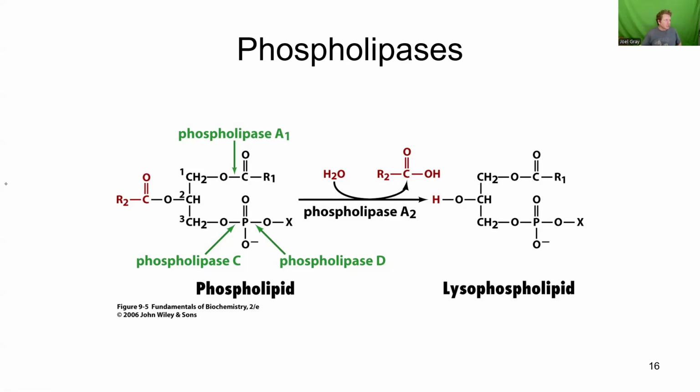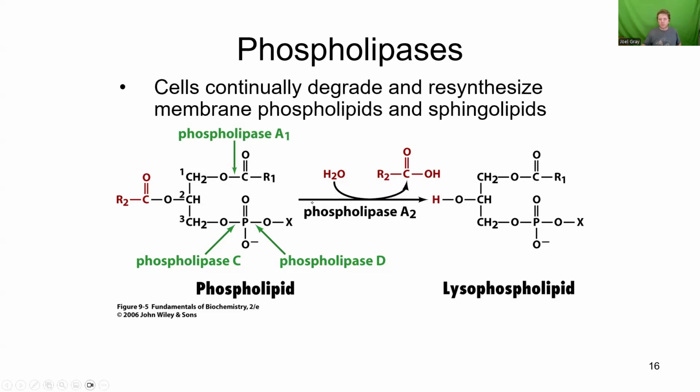In addition, cells are continuously degrading and resynthesizing membranes. So phospholipids and sphingolipids are both targets for this. Again, not for nutrient acquisition, but broken down to maintain their structural integrity.